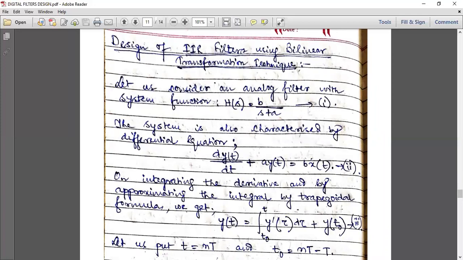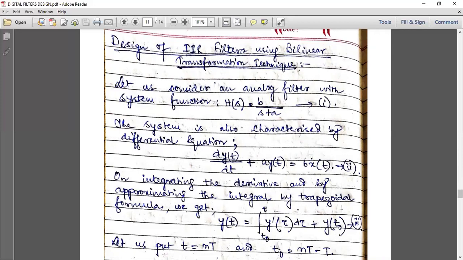Our main target is to avoid the aliasing effect, and that is overcome in this method. The points in the left half of the S plane are mapped inside the unit circle in the Z plane, and all points in the right half of the S plane are mapped outside the unit circle in the Z plane. Clear? Now you can start the note.